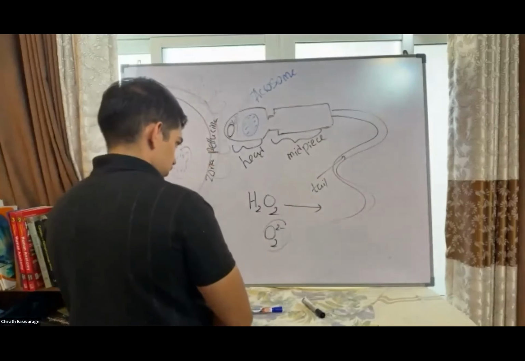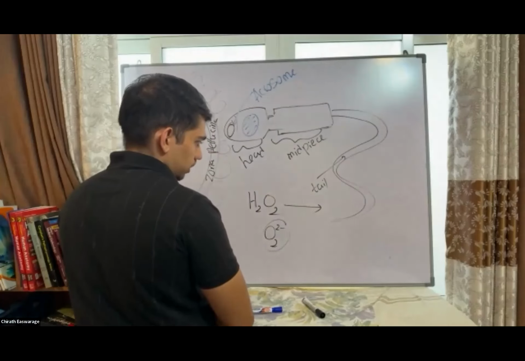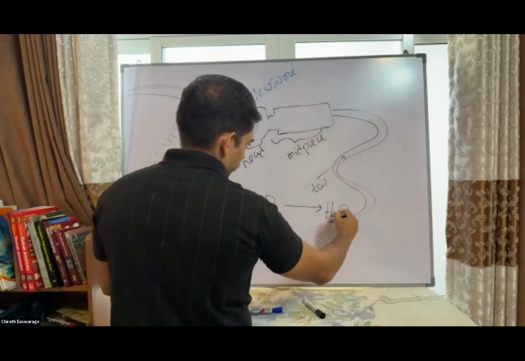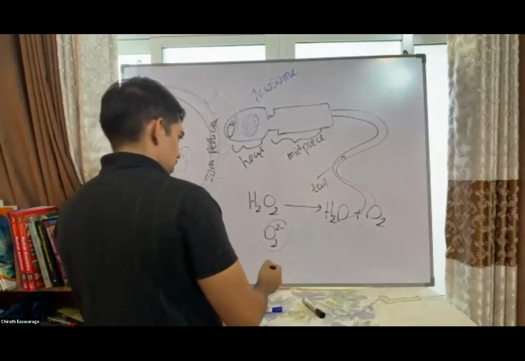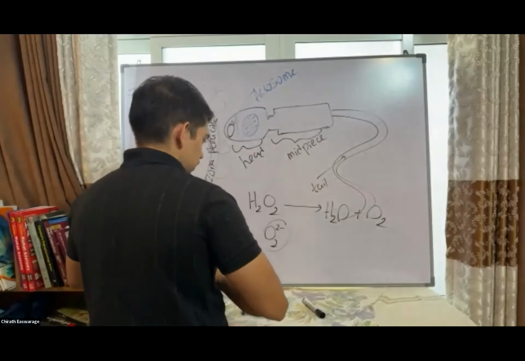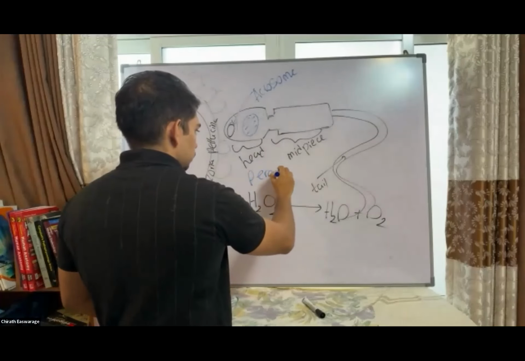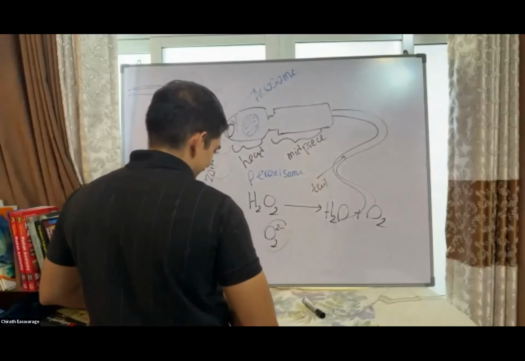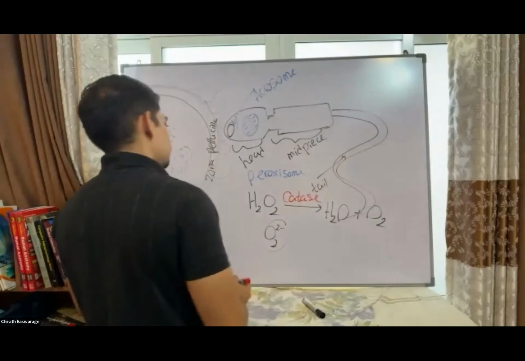It's very dangerous, so we don't like high peroxides inside our cells. So we break down this hydrogen peroxide into just water and oxygen gas. One of the enzymes inside the peroxisome is an enzyme called catalase.